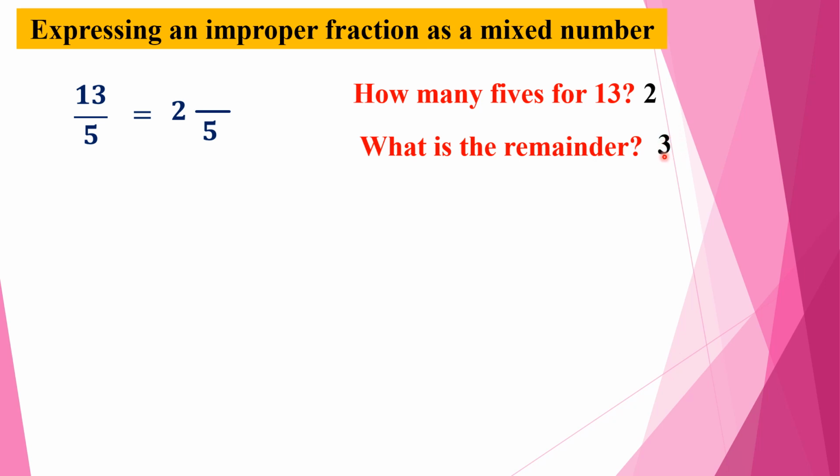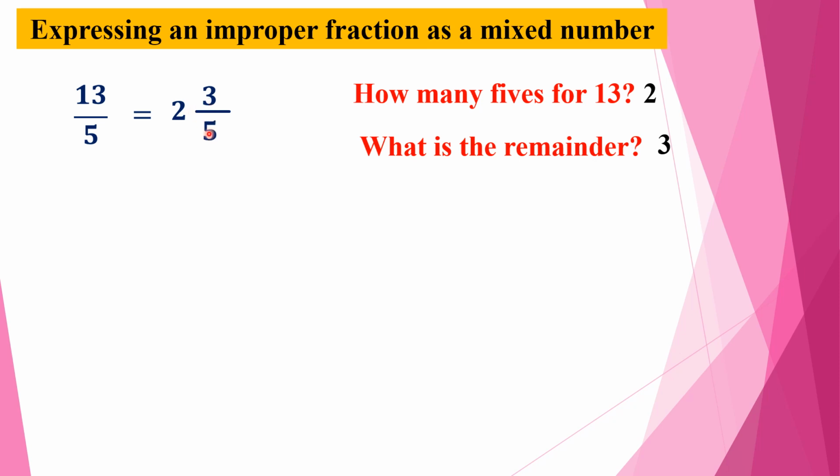Then we can write this 3 at this place. So the numerator of our proper fraction is 3. Then 13 over 5 can be written as 2 and 3 over 5, or 2 and 3/5.